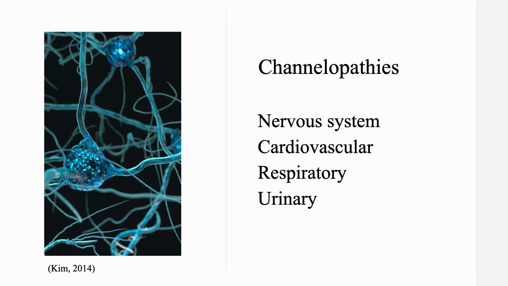Ion channel defects have been implicated in a variety of diseases and conditions, including epilepsy, migraines, blindness, deafness, diabetes, high blood pressure, asthma, irritable bowel, and even cancer. As you can see, it affects multiple organ systems.